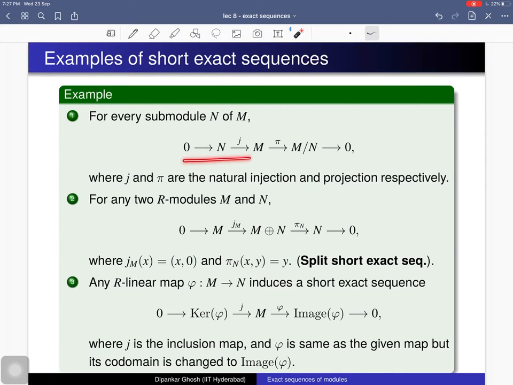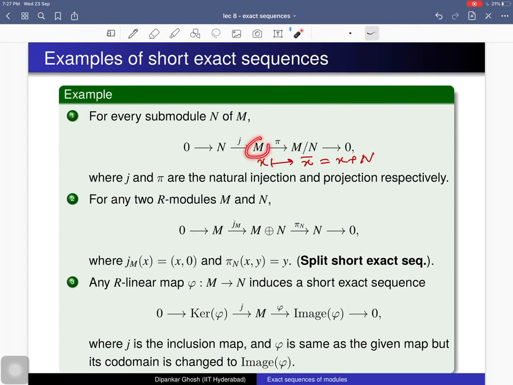So, if you consider this sequence, then it is exact at this point. And then if you go modulo N, you have the quotient module, and from M to M mod N you have a natural projection map, namely x goes to x bar, that is x modulo N. Then this map is surjective, so it is exact at this point also.